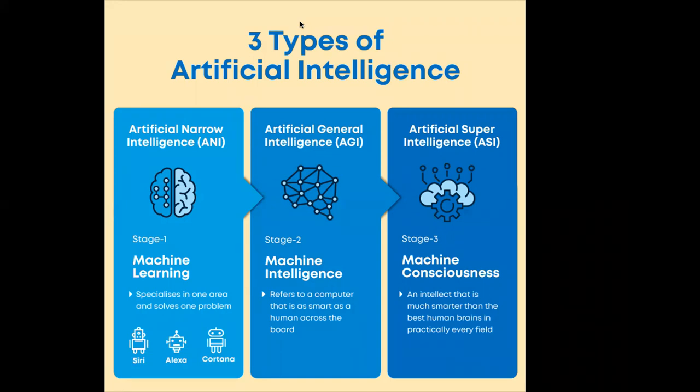Okay. Now let's move to the stage two artificial intelligence. Stage two artificial intelligence is called artificial general intelligence. Here it refers to a computer that is as smart as a human across all areas. For example, some of these robots we built can multitask.